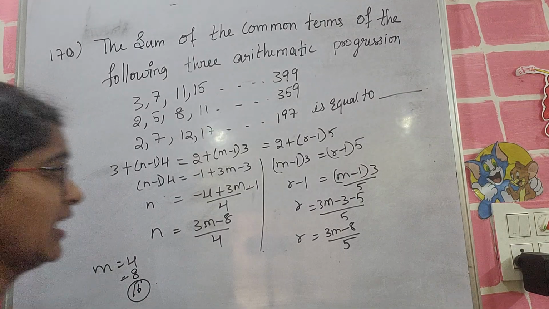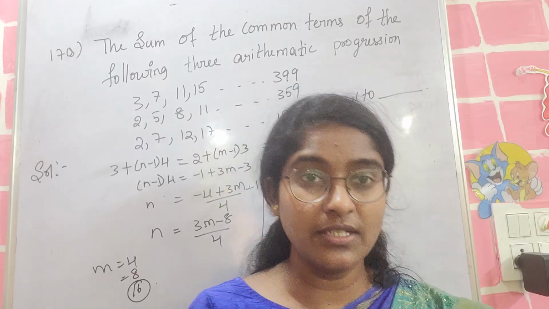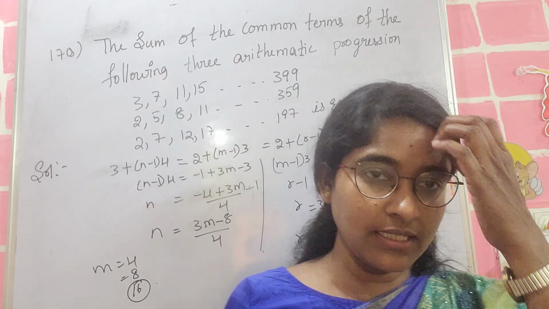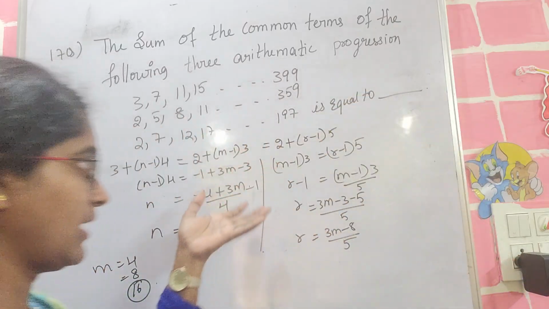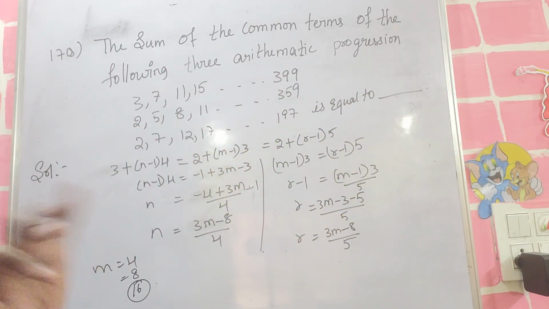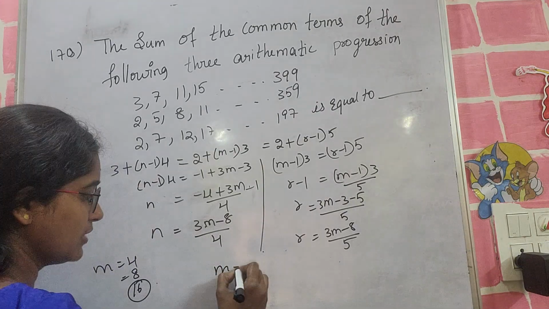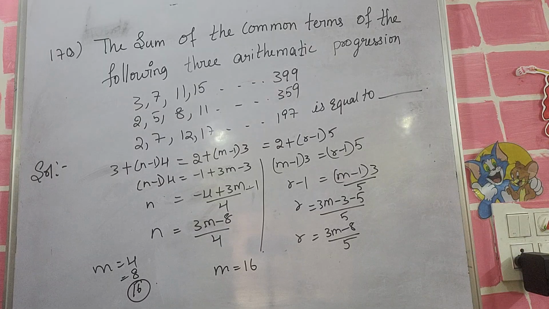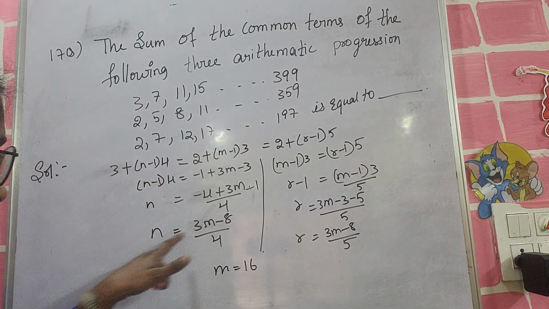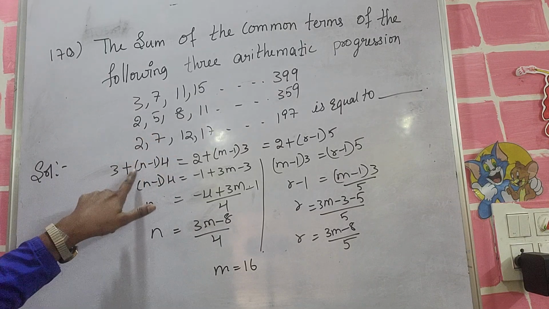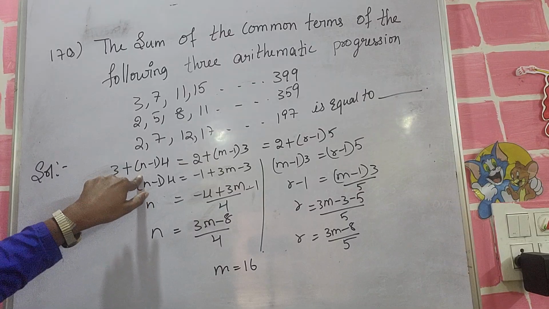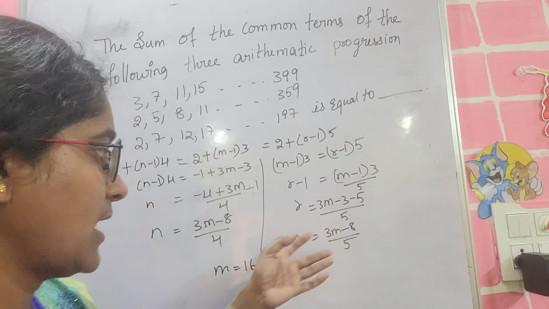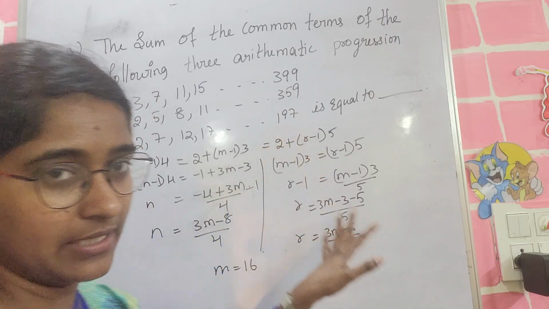So this is not just about the numbers, it's the general concept to understand how we find the value of a. If I take the m value as 16, then I get the value of a. If I substitute the m value in this, I get the n value as 1, and substituting that here gives the value.